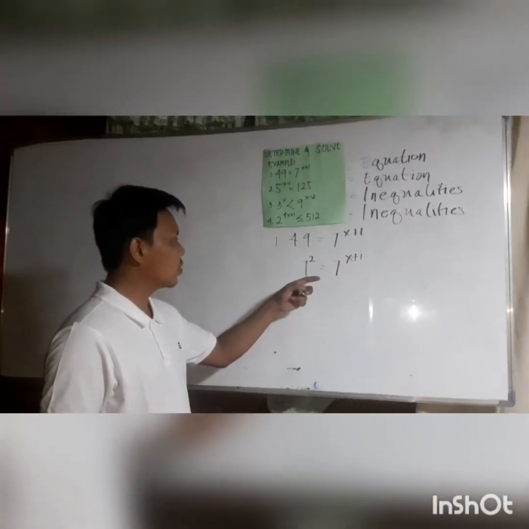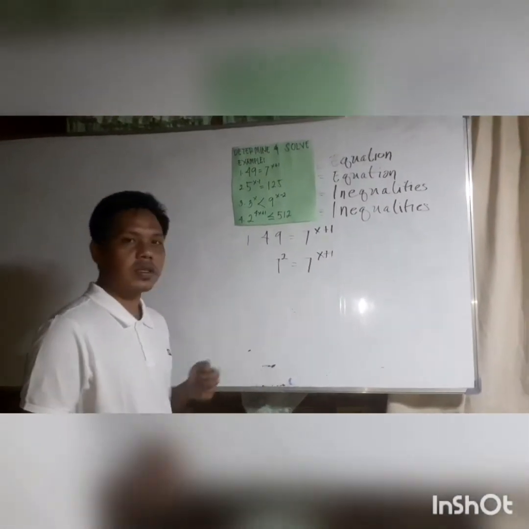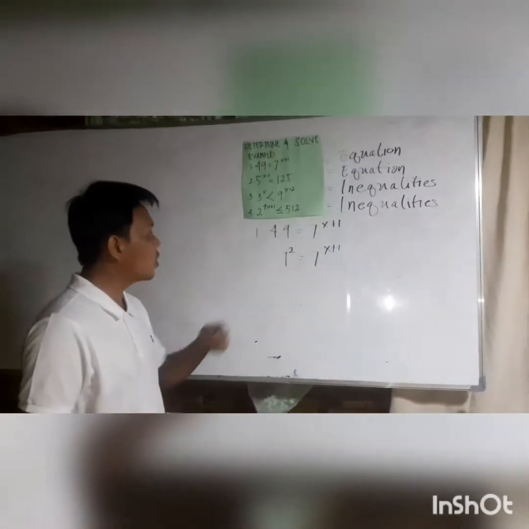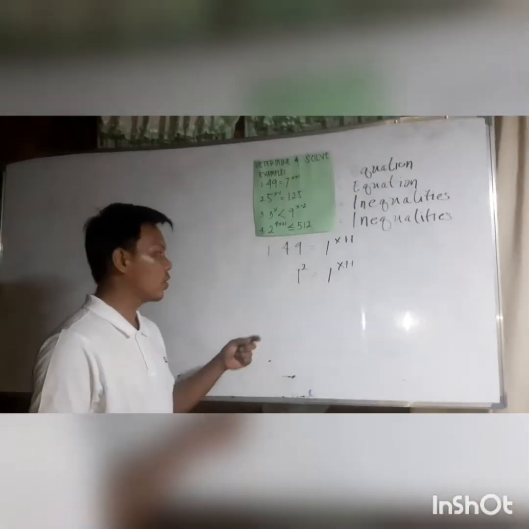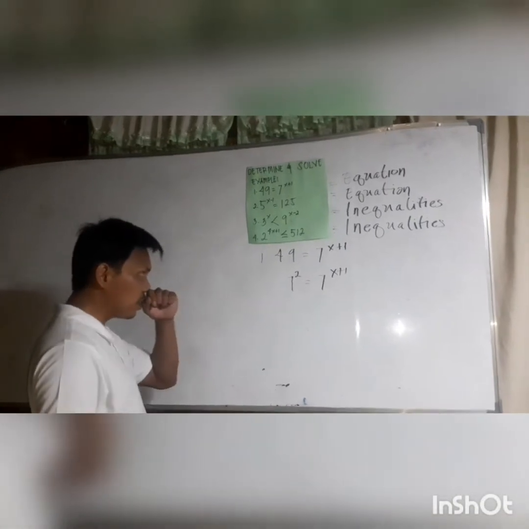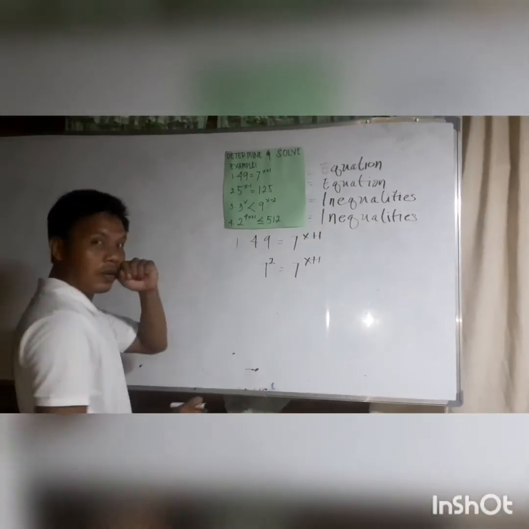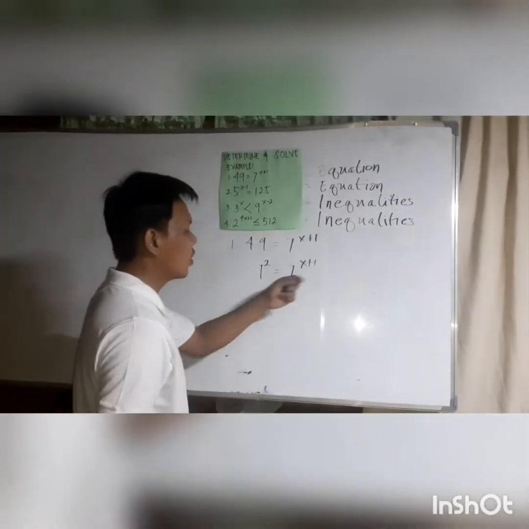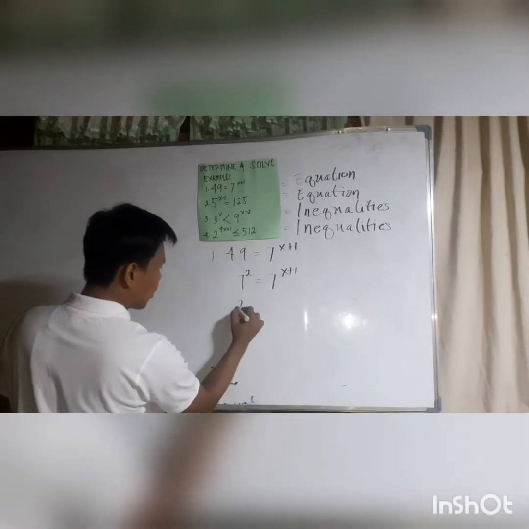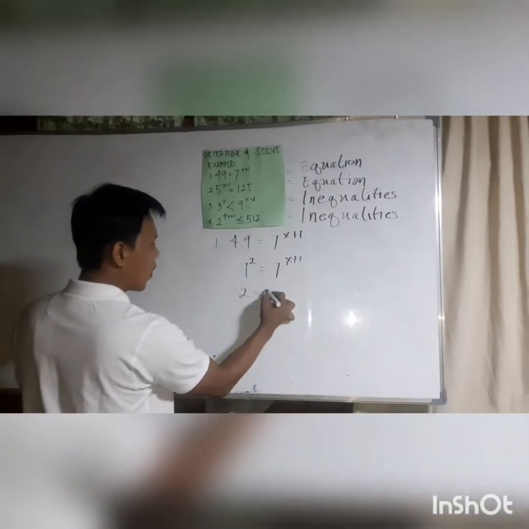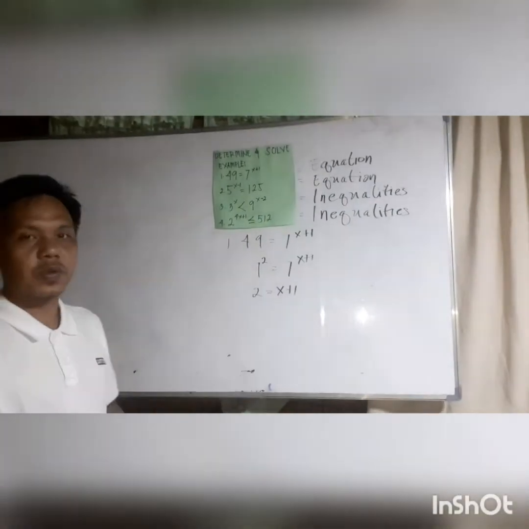We should make the base of the given exponential equation equal. So now we have an exponent on the right side and the left side. When we solve this, we just get the exponents. 2 is equal to x plus 1.